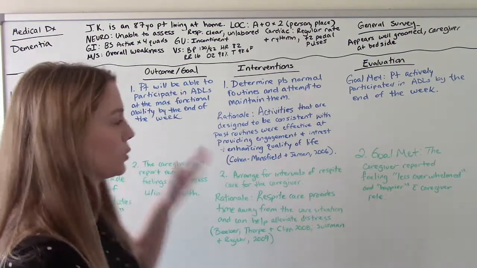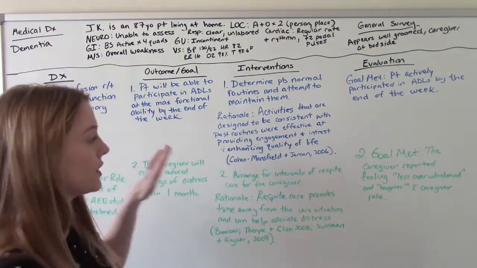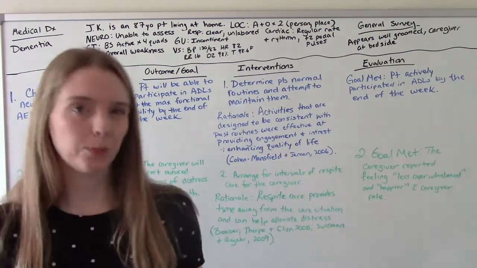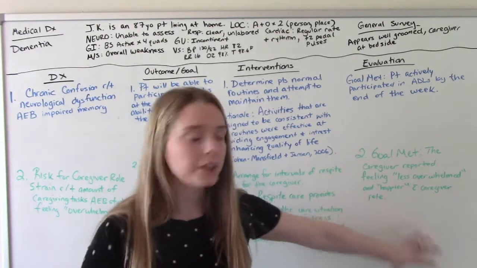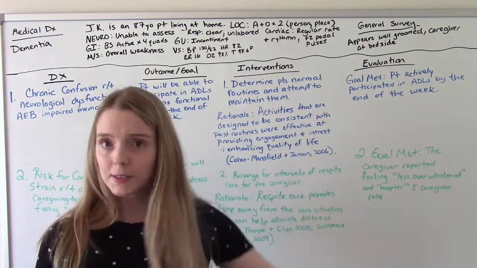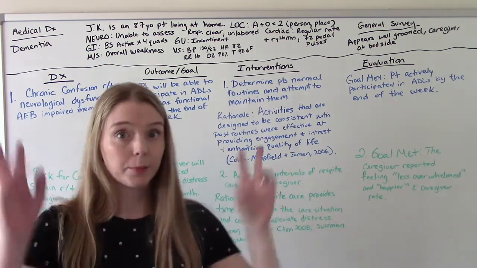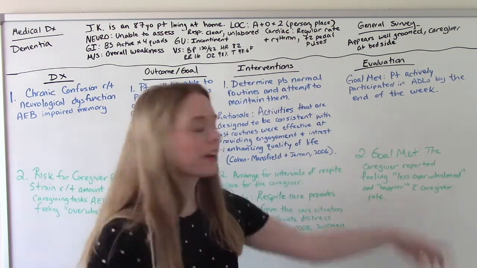Those are lots of situations we could do. Going to an adult daycare, okay? Lots of different options for respite care. This is pretty generalized, and that's kind of the point. So to evaluate this intervention, we can say, yes, the goal was met. The caregiver reported feeling less overwhelmed, again, I put that in quotes, and happier with the caregiver role.